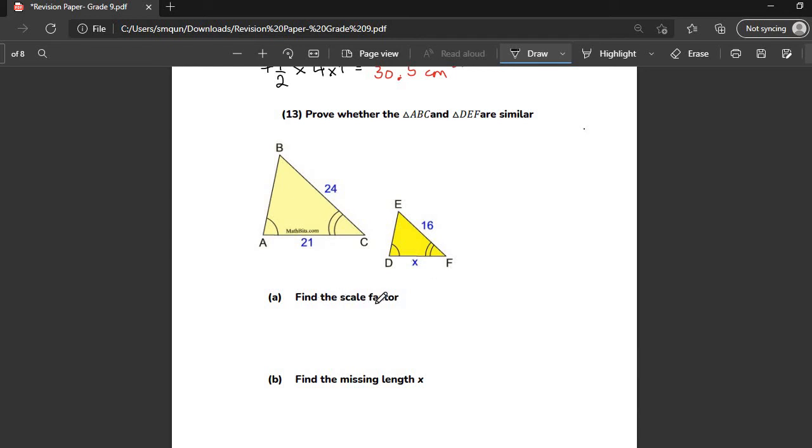All right, so to find the scale factor, we have 2 scale factors. We have one for when we're scaling up and one when we're scaling down. When you're scaling up from the smaller triangle to the larger triangle, you're going to choose one pair of corresponding sides, and you're going to put the larger corresponding side over the smaller corresponding side.